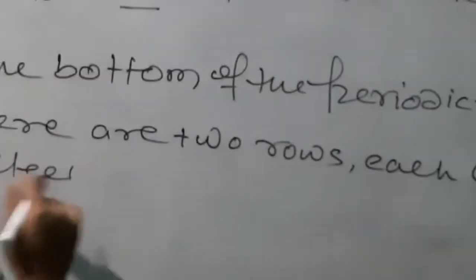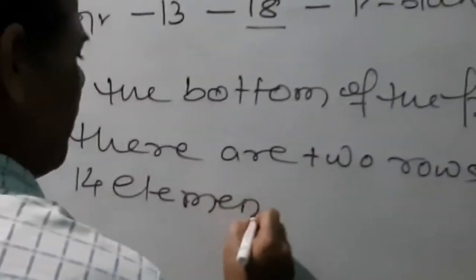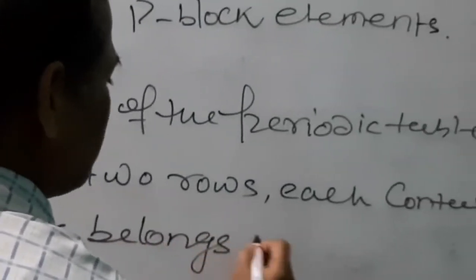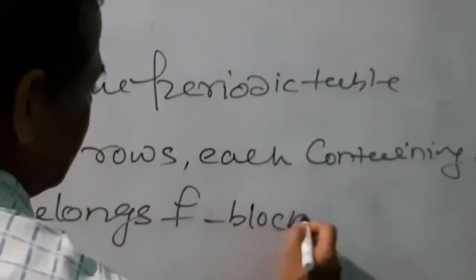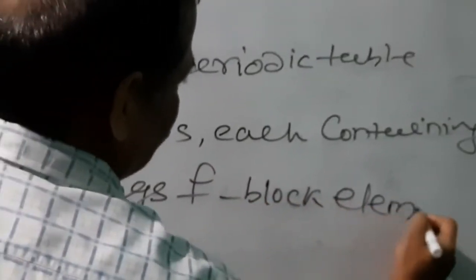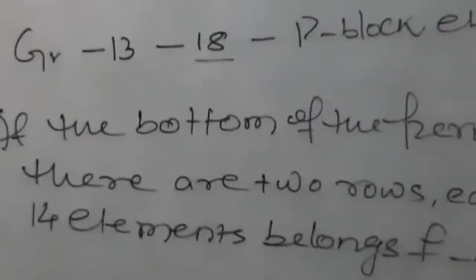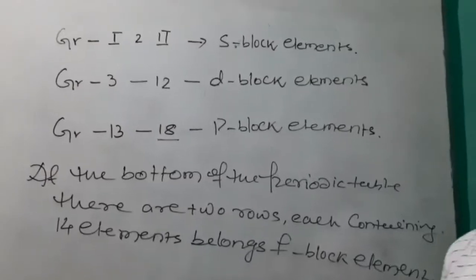Each containing 14 elements belongs to F block element. So basically, this periodic table has been divided into 4 blocks: S, P, D, and F. Group 1 and 2, S block element.